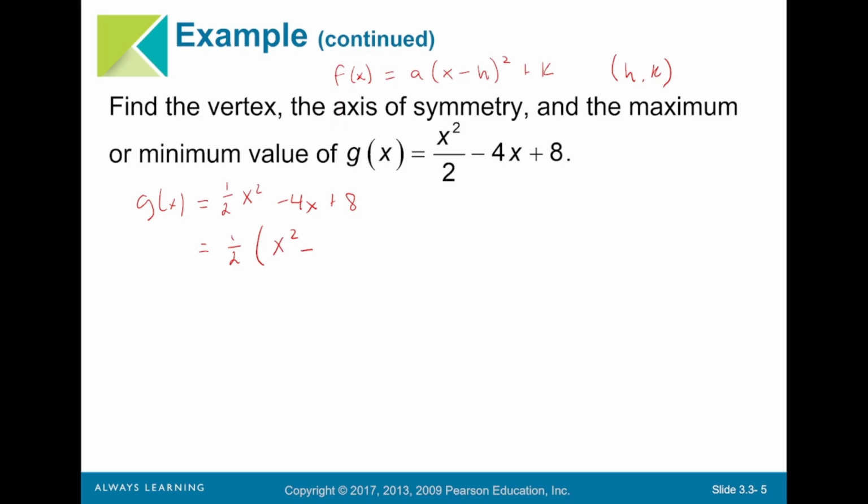Now, if I take 4 and I divide it by the 1/2 that I'm pulling to the front, I end up getting 8. You could put 4 divided by 1/2 in your calculator. And of course, I still have an x plus, and now I'm looking at the 8, and I'm dividing it by 1/2, again, to factor out a 1/2 to the front, and I get 16. Close parentheses.